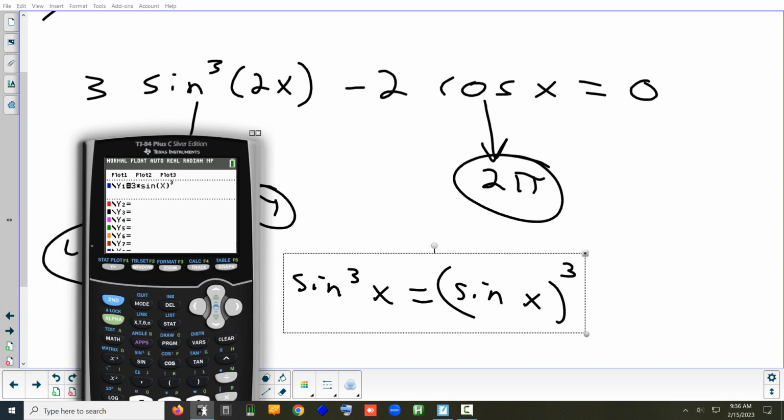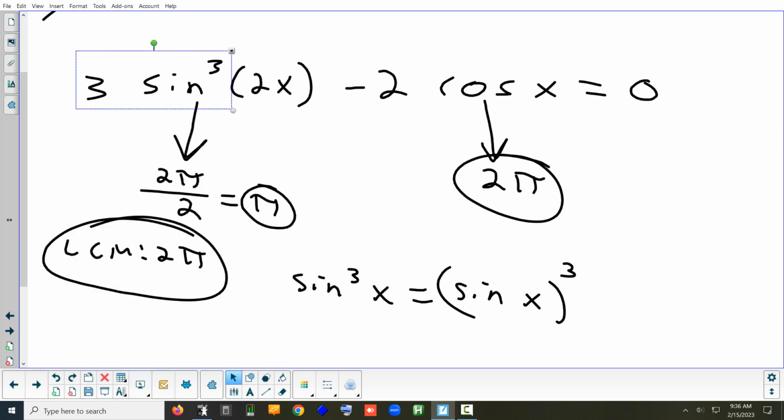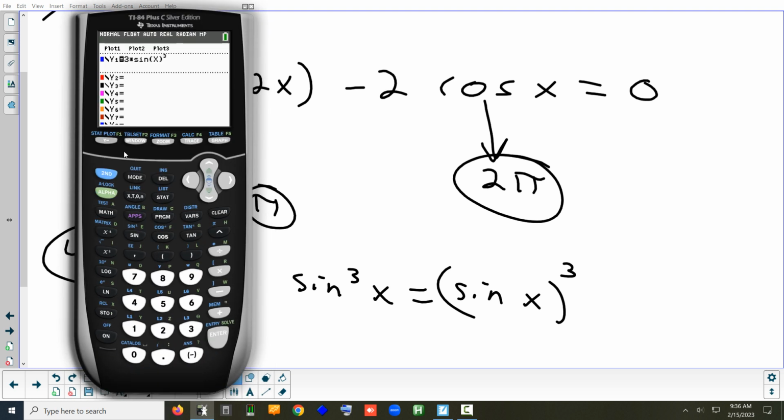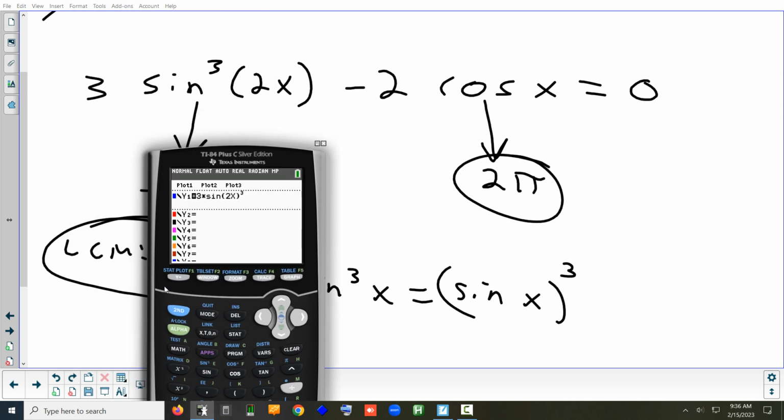Make sure that the power of 3 is not being applied to that number. We don't want to cube the 3 and get 27. The only thing being cubed is the sine 2x. If they wanted to cube the 3, they would have had to put parentheses around the whole thing and put a 3 way outside. So that is how you type that in. Just don't forget your 2 in front of the x. Okay, so now that's correct.